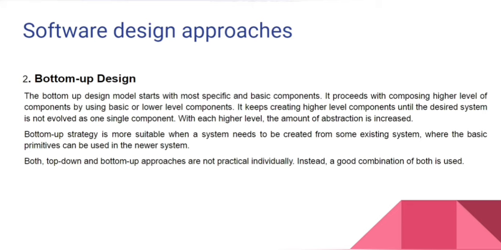For example, if we consider the university, and I want to design a system for the whole university, I start from the department, and the department has a lot of activities. They have employees, they have the class schedule, they have the accounts section.